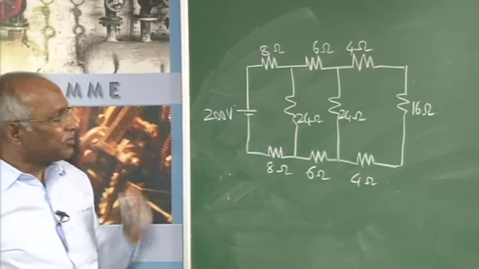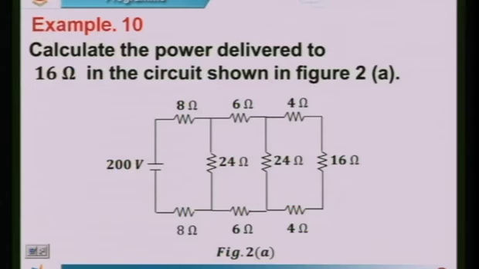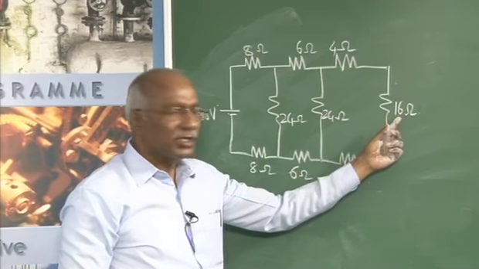So this is the circuit that has been given. It is required to find out what the power is in this 16 ohm resistor.